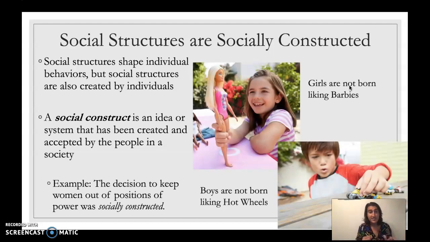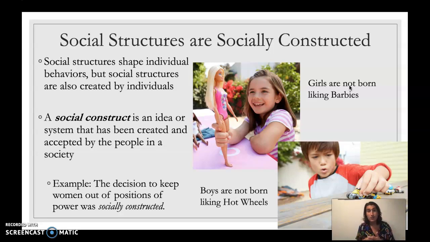So, for example, the decision to keep women out of positions of power, to keep women in the home raising the family instead of allowing them to go to work or own property or vote, those beliefs, those rules in society were all socially constructed. The members of society generally collectively agreed that that was what was best for society at that given time. And people went along with it because we're taught from a very young age to go along with the social structures that our society has put into place, right?